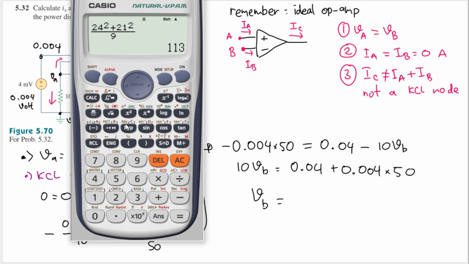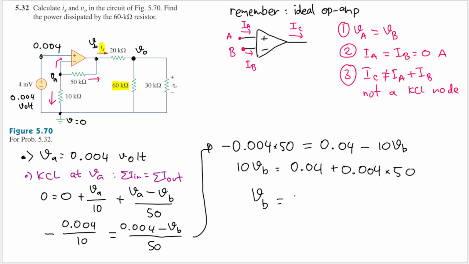This will be the numerator, so we will have 0.04 plus 0.004 multiplied by 50, divided by 10. That will be VB. So VB will be 0.024, and the unit will be volt.